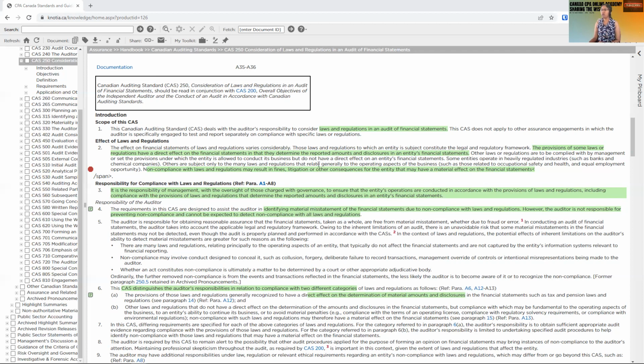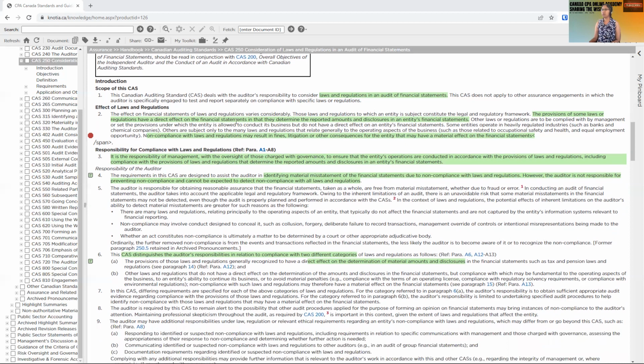Now, what are the effects of laws and regulations? The provisions in some laws and regulations have a direct financial impact on the financial statements in that they determine the reported amounts and disclosures for an entity. For example, for banks, different laws for provisions for performing and non-performing assets apply. For a normal company, what you check for the provision for bad debts is different from a bank's financial statements, where they deal with financial assets.